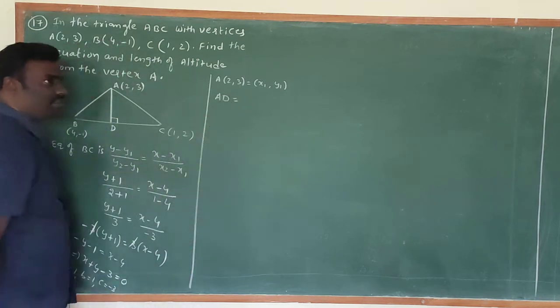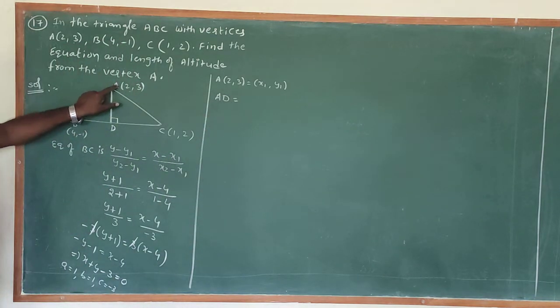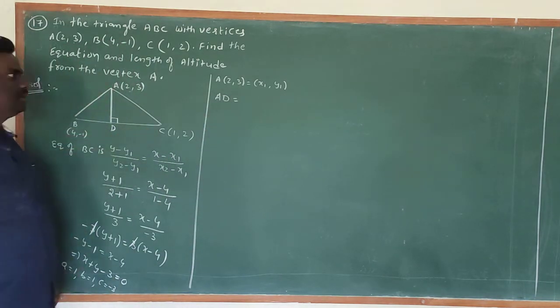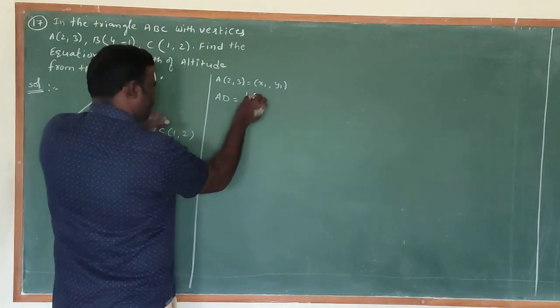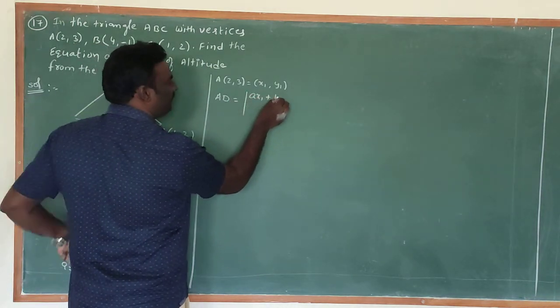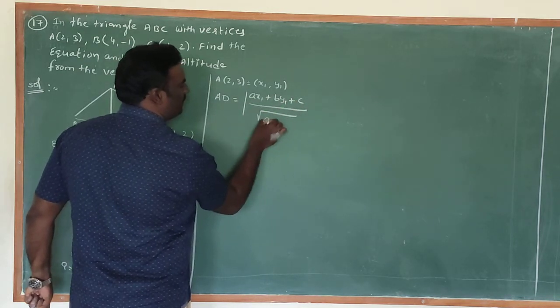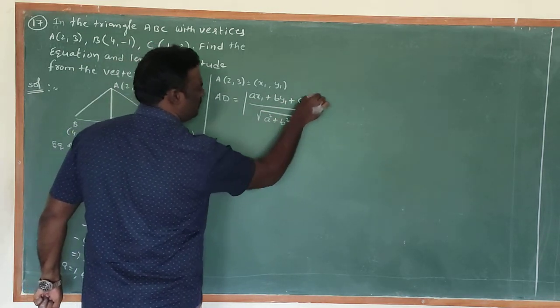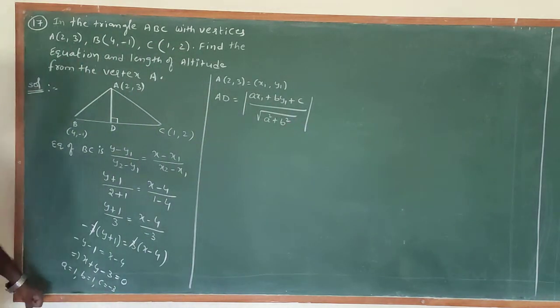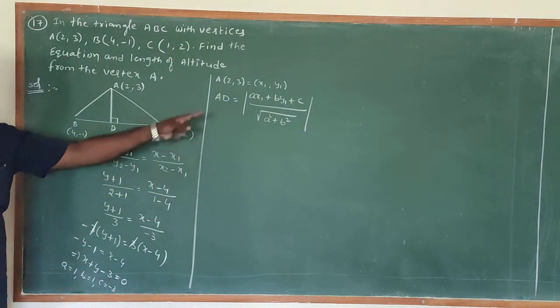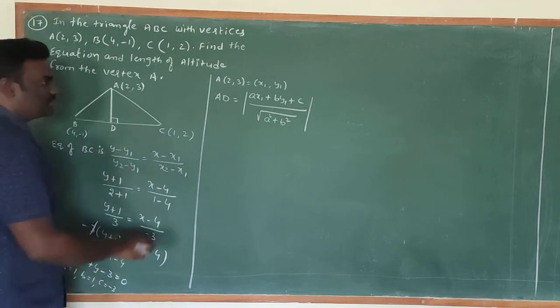What is the formula for distance from point to the line? Modulus of (A x1 plus B y1 plus C) by under root of A square plus B square. We know A, B, C, x1, y1 values, substitute.